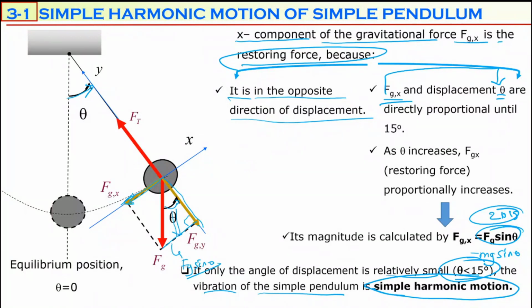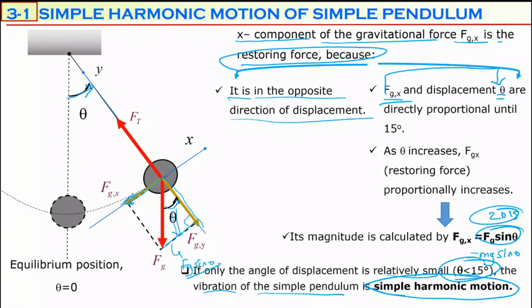There is no absolute limit, but as the angle is closer to zero, compare two angles, 5 or 10, which one has a more perfect simple harmonic motion? 5. Because as the angle gets closer to zero, this proportionality becomes more perfect compared to an angle which is greater.